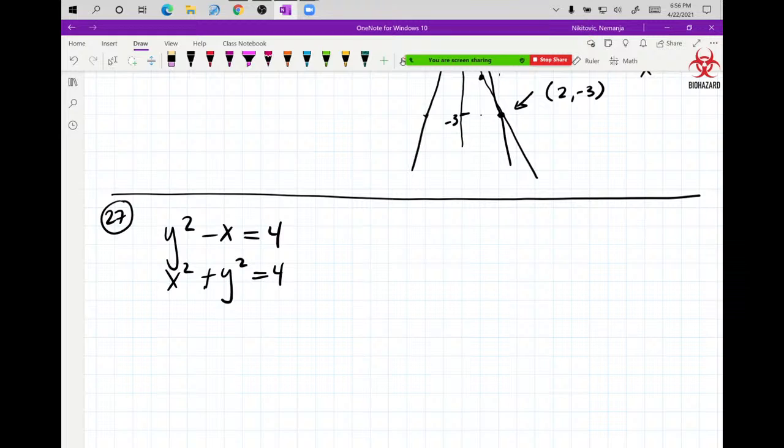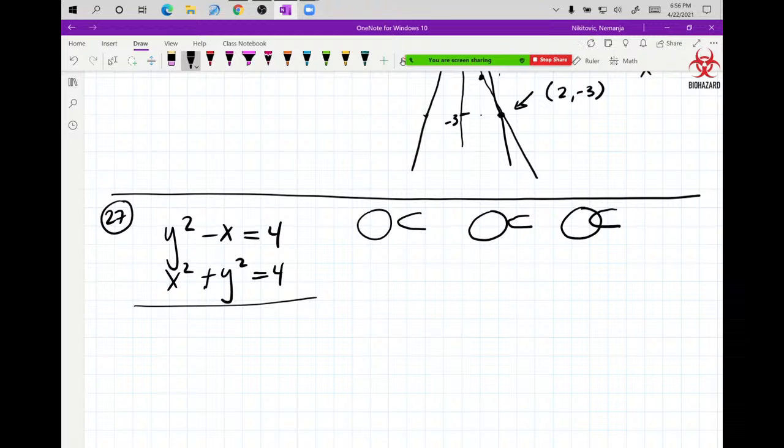Now, I can expect 0, 1, 2, 3, or 4 solutions, depending on which way they touch or not touch. Circle and the sideways parabola not touching, no solution. Circle and a parabola touching for one solution. Circle and a parabola touching for two solutions.